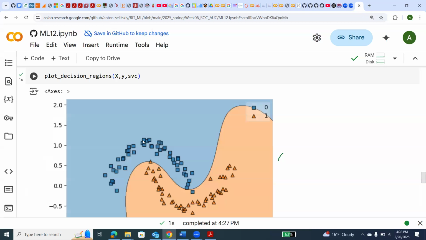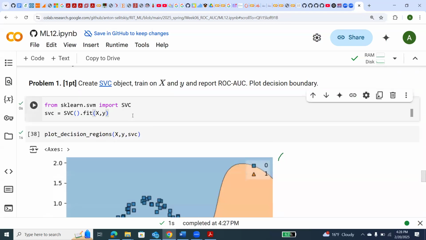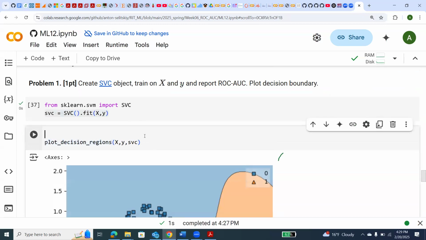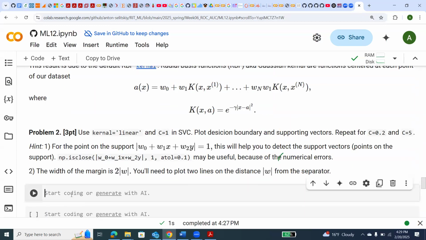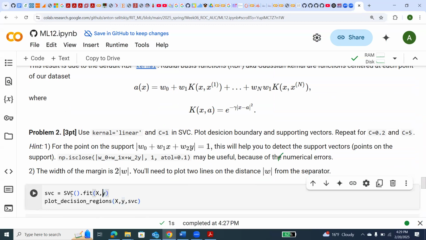So just copy paste, and use this parameter kernel linear.